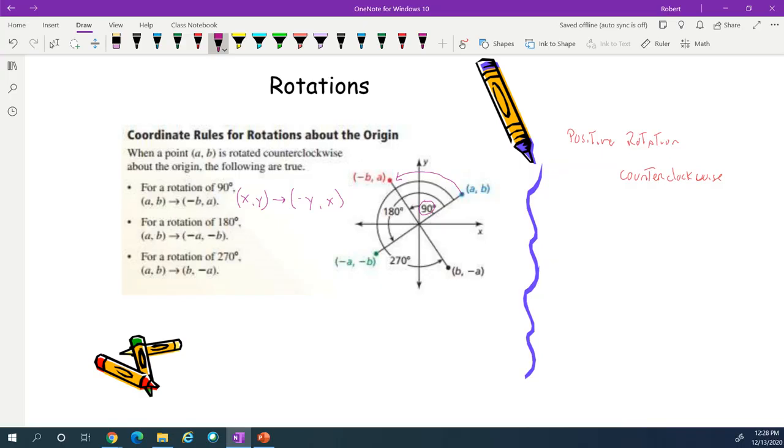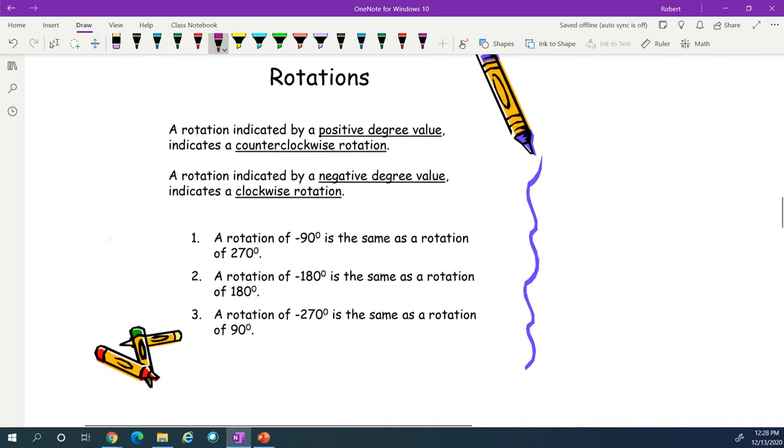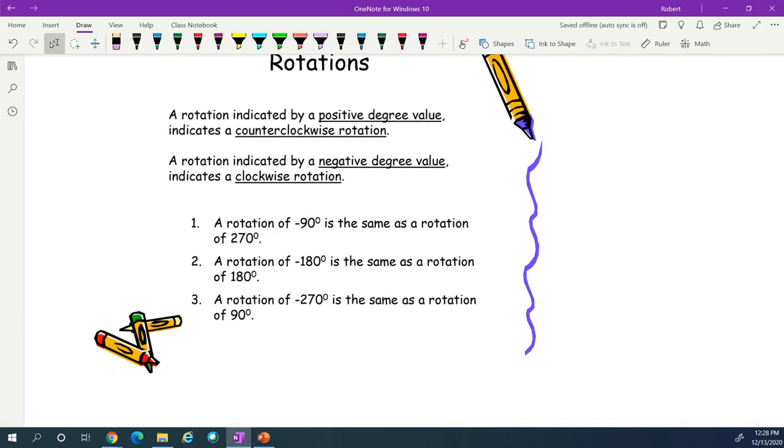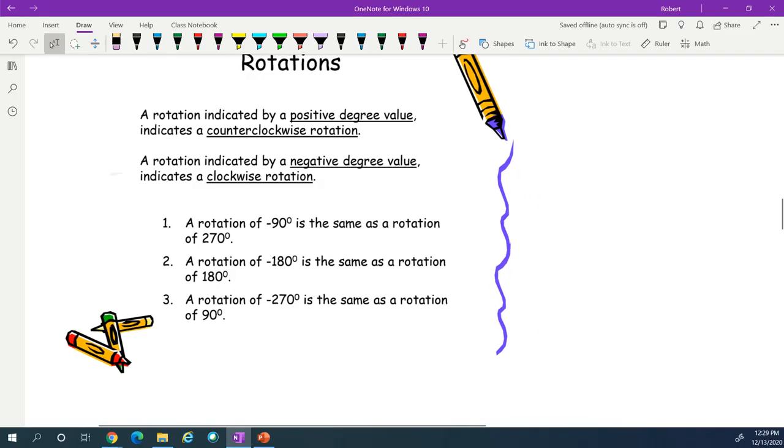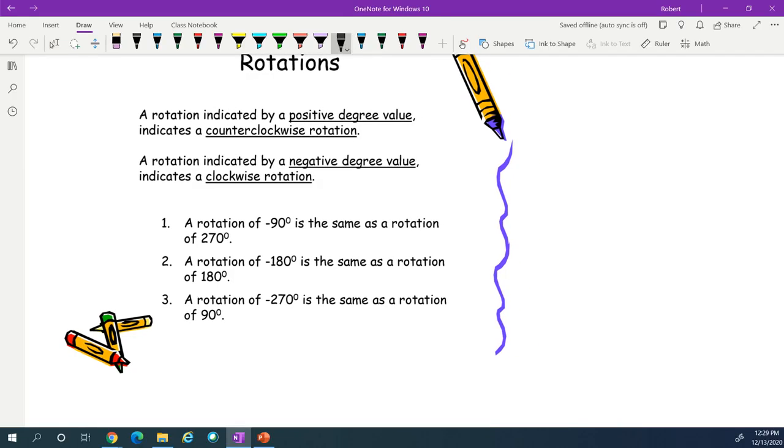So they gave us positive 90, positive 180, and positive 270 in the textbook. Well, what happens when we have a negative rotation? And this is what's really important to understand. A negative rotation is clockwise, but a negative 90 is the same as a positive 270. And I'll show you exactly what I mean here. Let's consider our axes.